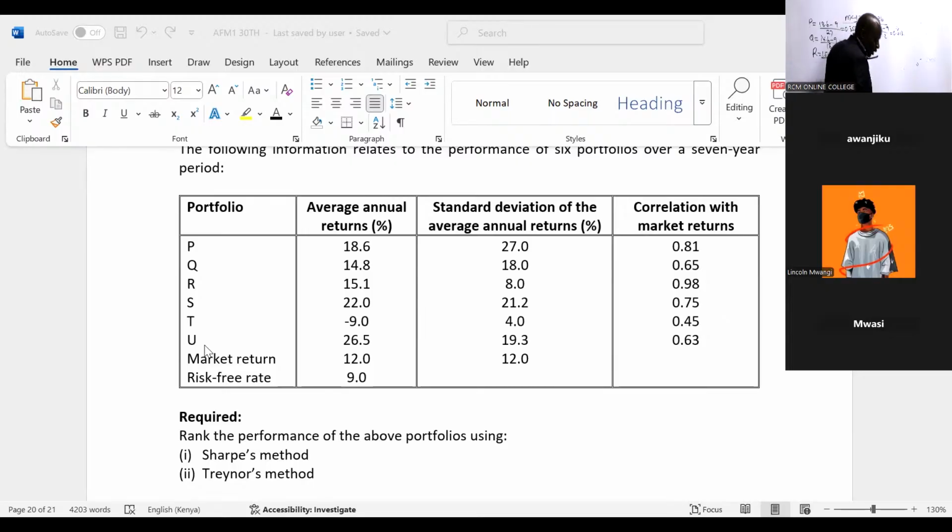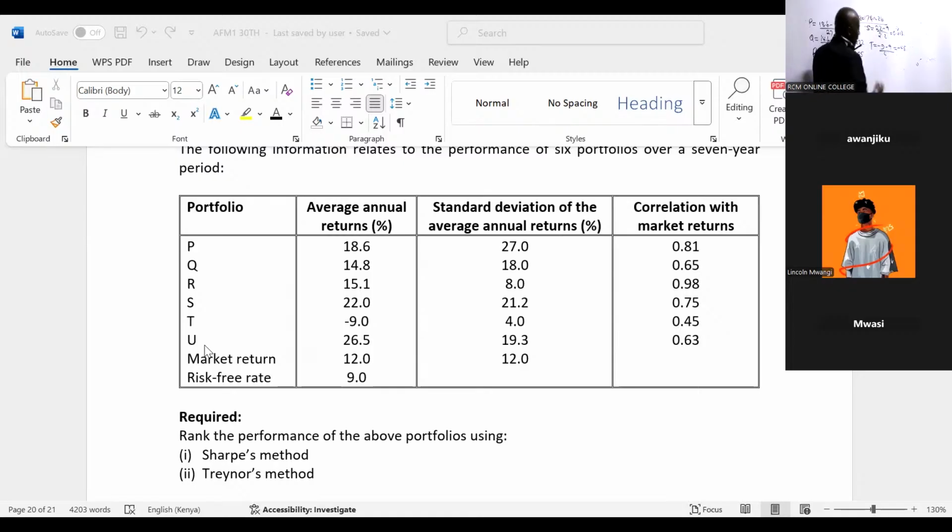After S, we go to T. The average return of T is negative 9, minus 9, all over the standard deviation of T, which is 4. Which gave negative 4.5.